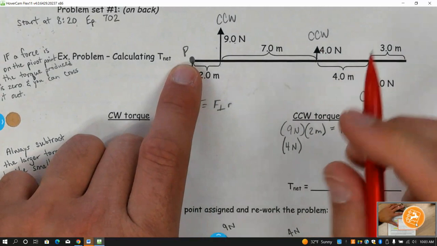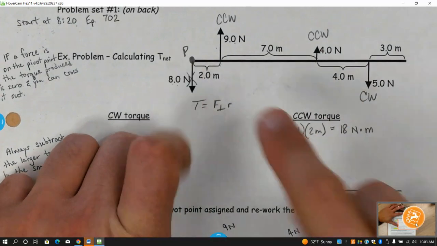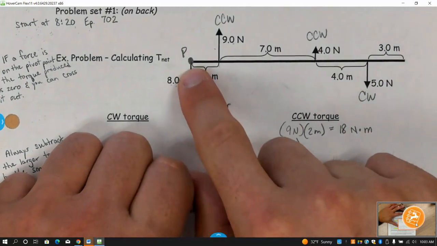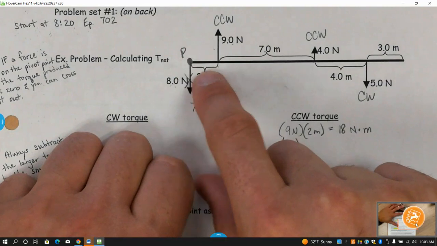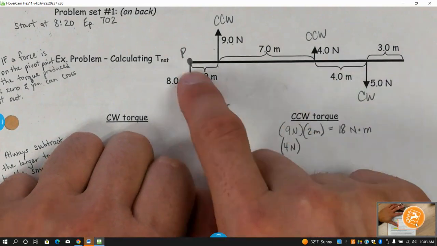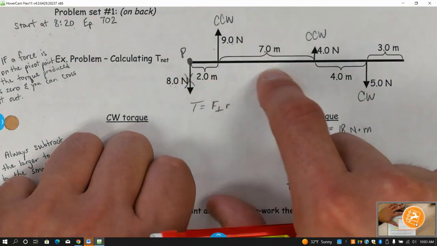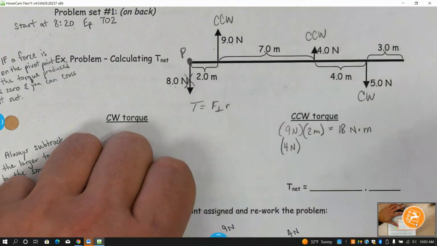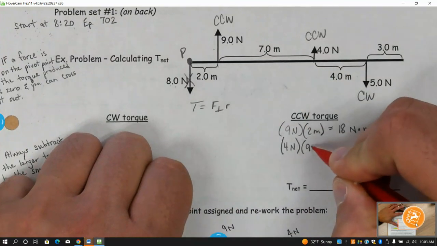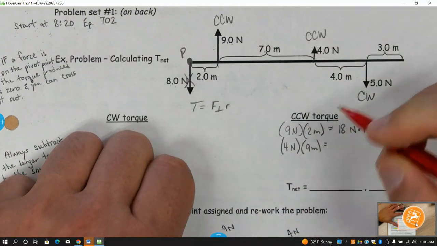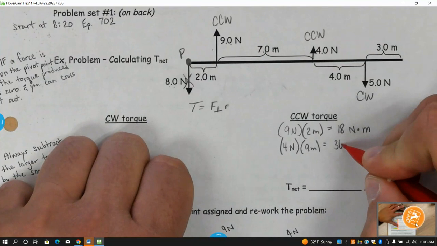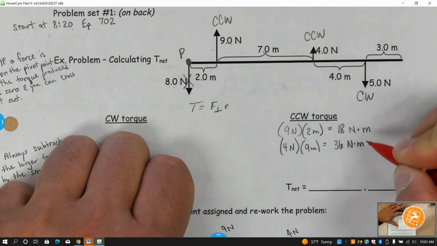A good little trick is to drag your finger, or put it at the pivot point and slide it all the way to that force. So I'm moving it 2 meters plus an additional 7. So I've moved a total of 9 meters. And this gives me 36 Newton meters.